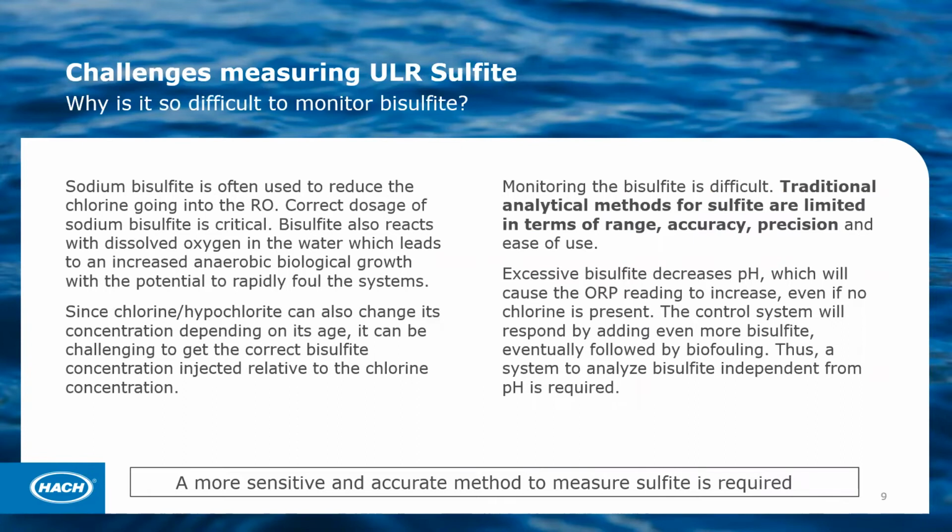So I did somewhat gloss over those common dechlorination methods, so I might just backtrack a moment. Depending on the type of facility that you're operating, you may elect to use one of two common forms of dechlorination. So you may operate a granular activated carbon bed, which just simply uses activated charcoal as a physical means of dechlorination.